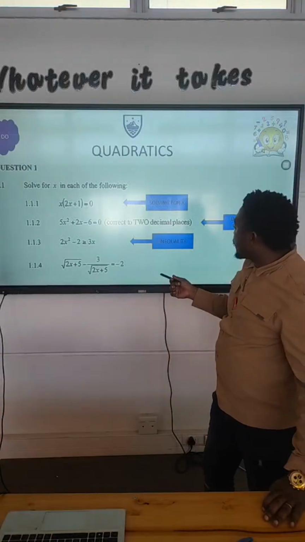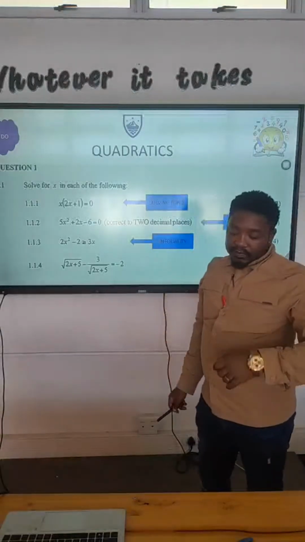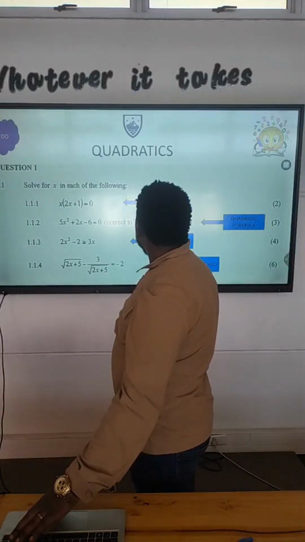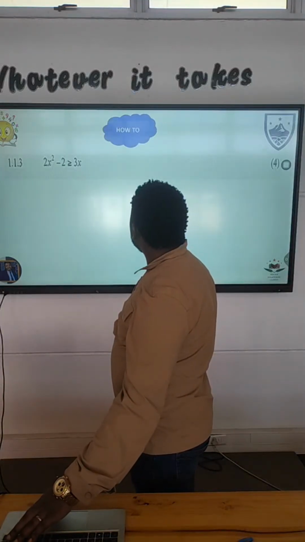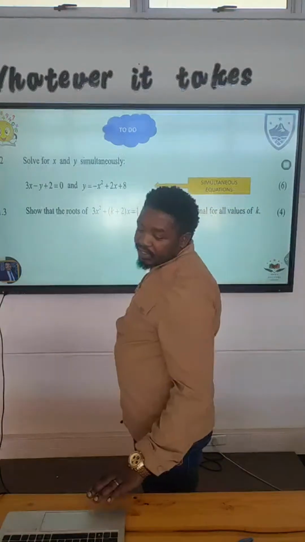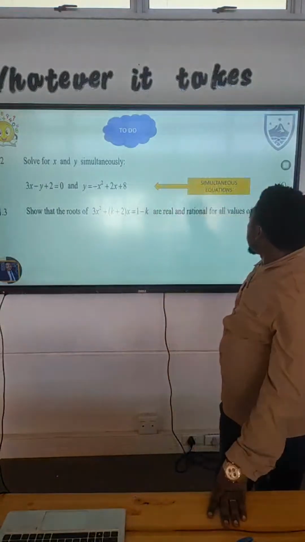And then we have the one where we have to use the K method to solve it. And now we're going to move to the second part, which is what we normally enjoy doing, simultaneous equations.